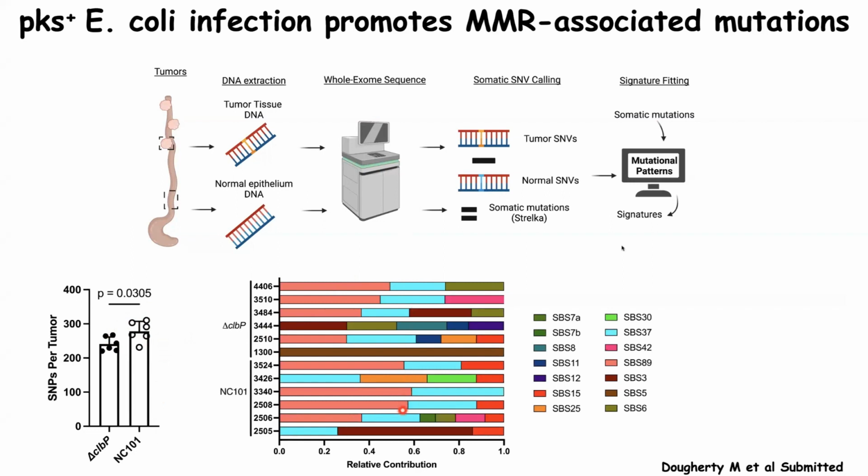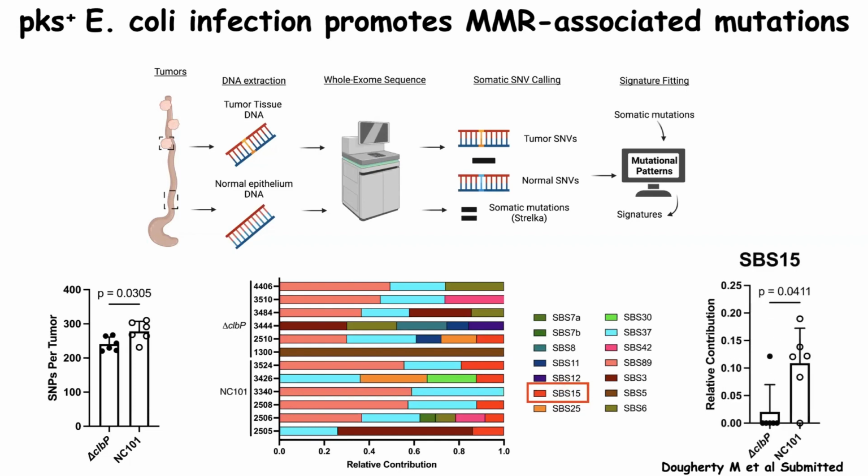The only signature that survived statistical analysis is SBS15, which is a signature associated with mismatch repair defective. And you could see here, if you have the NC101 infected mouse and you look at the tumors, they have an increased signature of SBS15 compared to the non-colibactin producing.